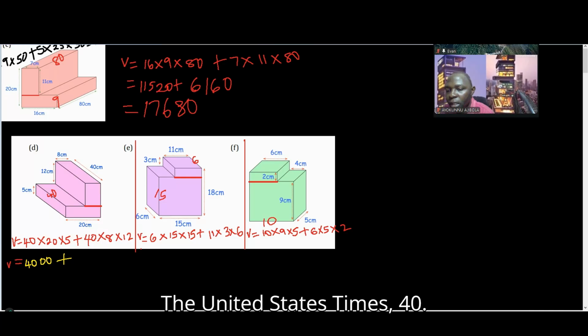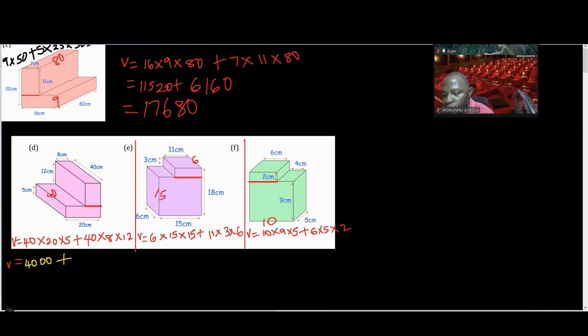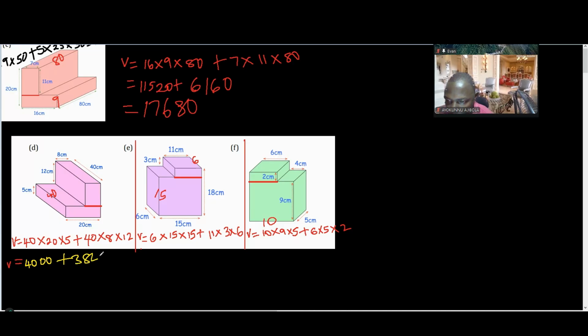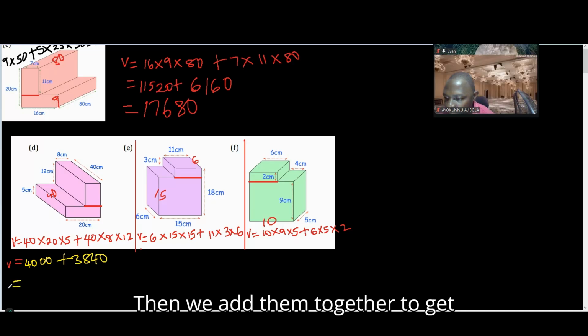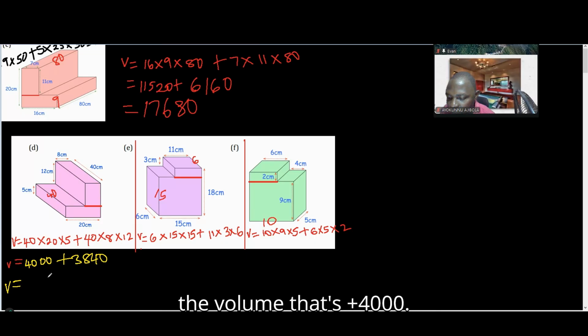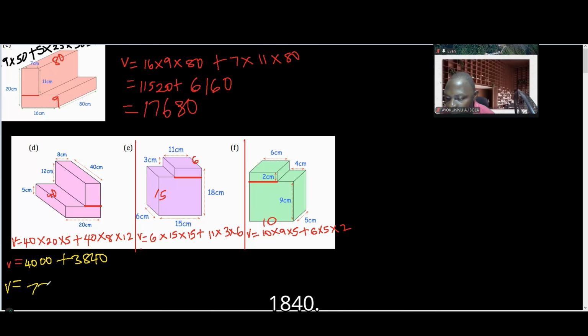Then 96 times 40, that's 3840. Then we add them together to get the volume, that's plus 4,000. 7840 cm cubed.